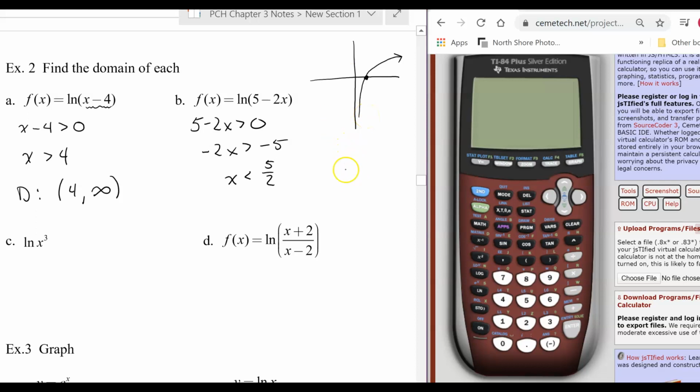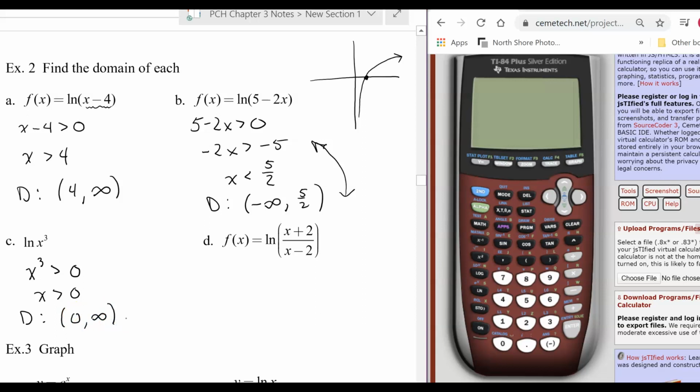It's going to open up this way, which is why our x values are going to be less than 5/2. For part C, x cubed has to be greater than 0, which means that x is going to be greater than 0. Let's write our domain over here. Our domain is going to be from negative infinity to 5/2. And for part C, our domain is going to be 0 to infinity.